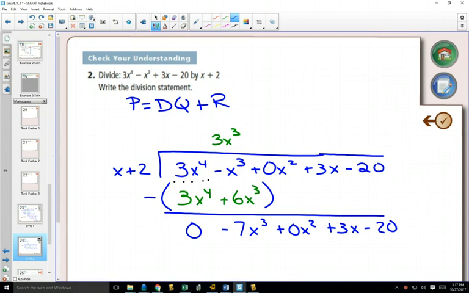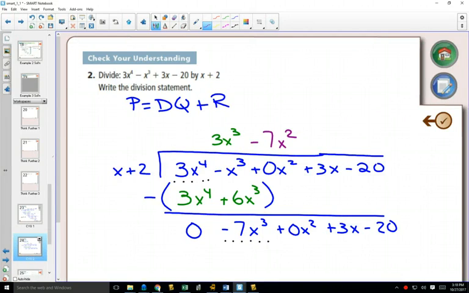Underdot our new number. And what would we need to multiply x plus 2 by to get negative 7x cubed? Negative 7x squared. So it was nice that we had our 0 there to have a column for our x squareds.